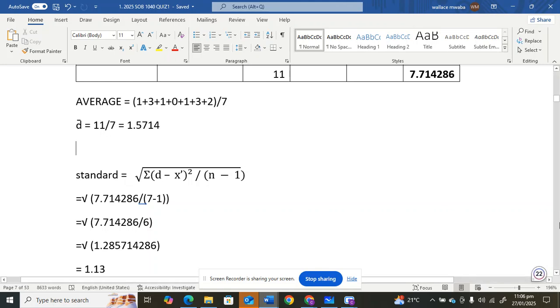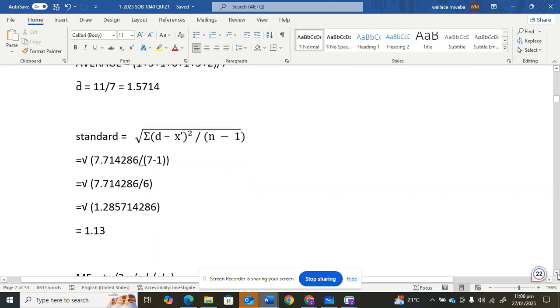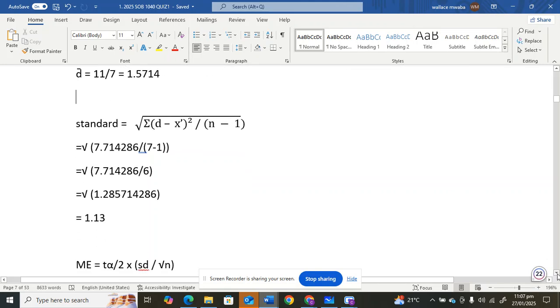Are we okay with this? Any questions, colleagues? Any questions, queries? Anyway, there will be a question for you to try after this one, so you'll be able to gauge. Now we're done with step two.